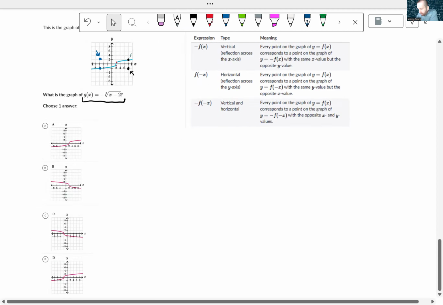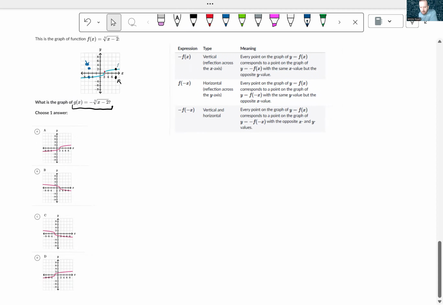Okay, so that's all. We're using 3 points now to figure out what's going on here. But it looks like graph B is going to be it for this one. It looks like it lines up with all of our dots. I'm going to put them in green actually for all of our new dots. Maybe easier to see those.